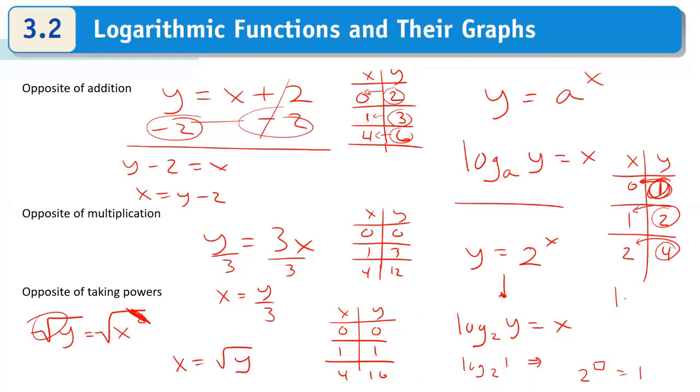So I'm going to go to the next one here. Log base 2 of 2. What exponent do you put on 2 to give you a 2? 1. A 1. So 2 goes to 1.